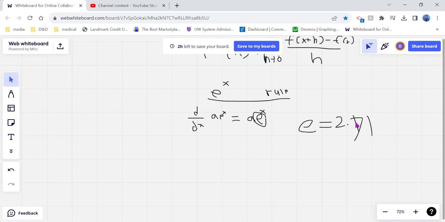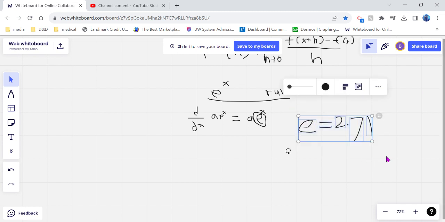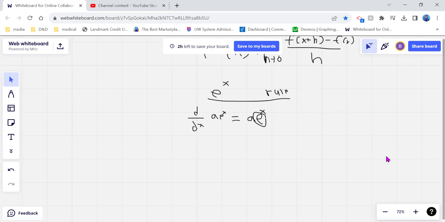That's supposed to be a 1, not a weird star. That's generally what it's equal to. It's actually an irrational number, much like pi. It's a bit lesser known though, but just know that the derivative of e to the x is e to the x. And any constant that you had carries over too.